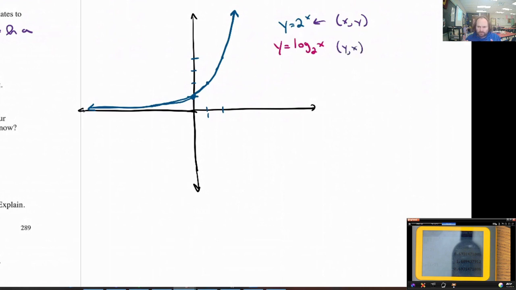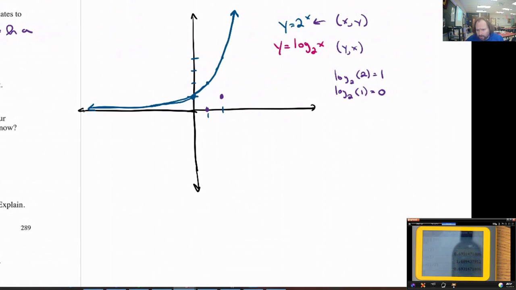That's kind of how inverses work. So I know that the log base 2 of 2 equals 1, so the point (2, 1) is on this graph. I also know that the log base 2 of 1 equals 0.